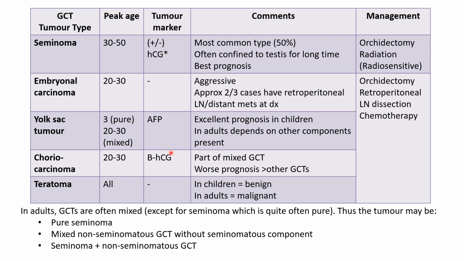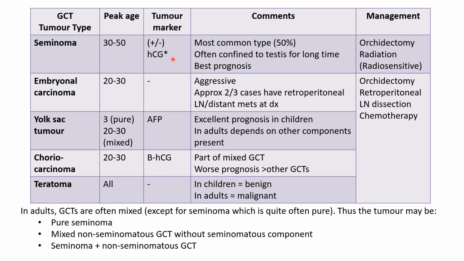And then if you look at the third column here, which is tumor markers, this is another important point that I want to highlight. There are two tumor markers that are particularly useful when you are dealing with germ cell tumors. One is serum alpha-fetoprotein, which tends to be elevated in yolk sac tumor, and the other one is beta human chorionic gonadotrophin, or beta HCG, which is elevated in 100% of choriocarcinoma cases.